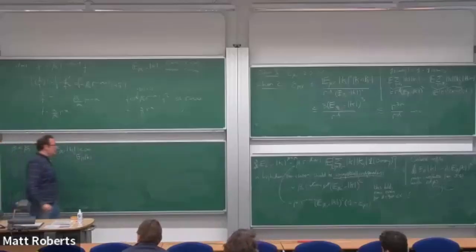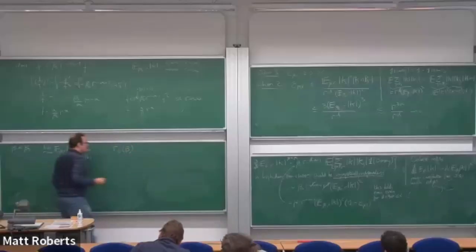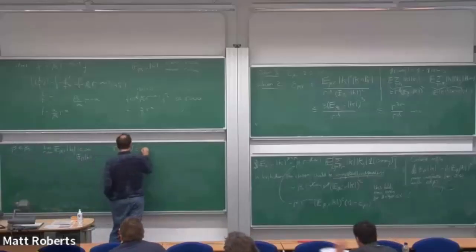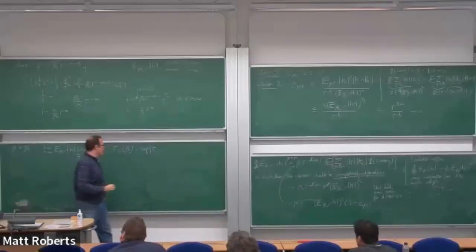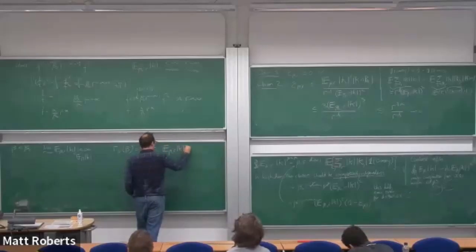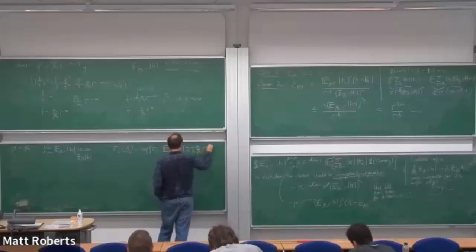So what I'm going to do is I'll define r naught of beta to be the supremal value of r such that this expectation is at least twice what it should be at criticality asymptotically.